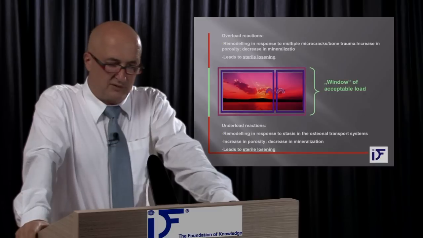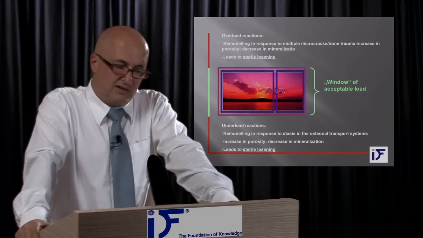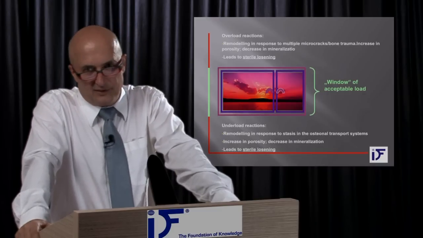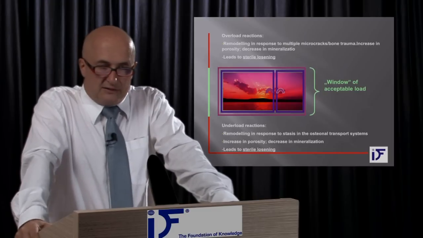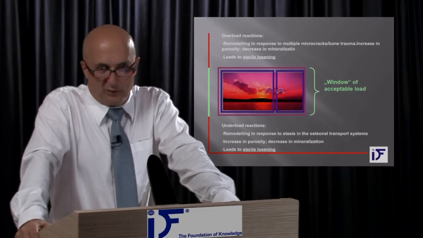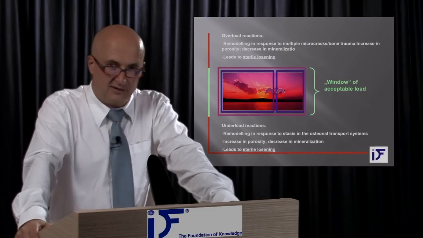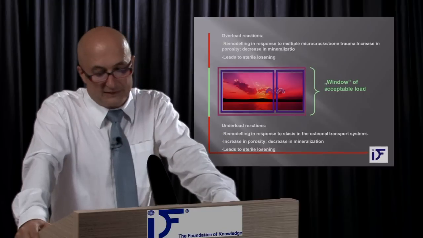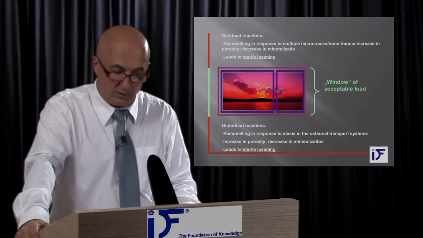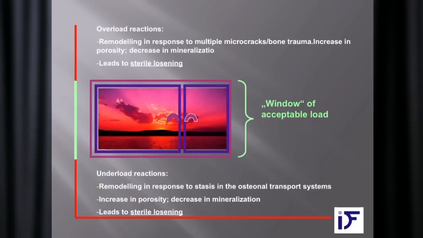And if the size of these osteonal canals is not adequate to the function, then the only way out is the osteonal remodeling, and in this case, a new osteon is going to be formed, and the canal is going to be wider than the old canal. This also leads to sterile loosening. So the bone doesn't have too many answers to problems. Usually, the answer of the bone is osteonal remodeling.